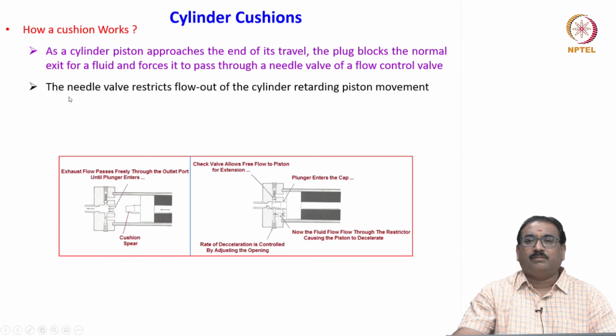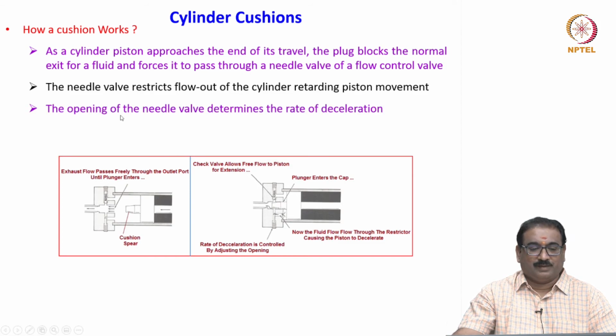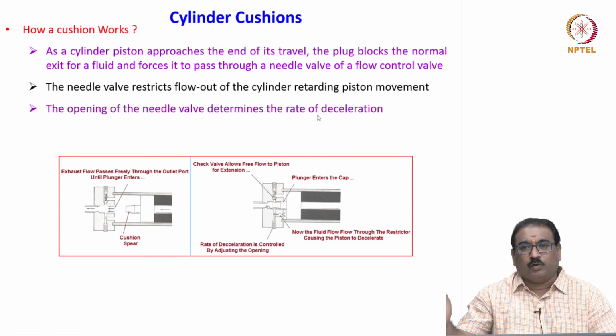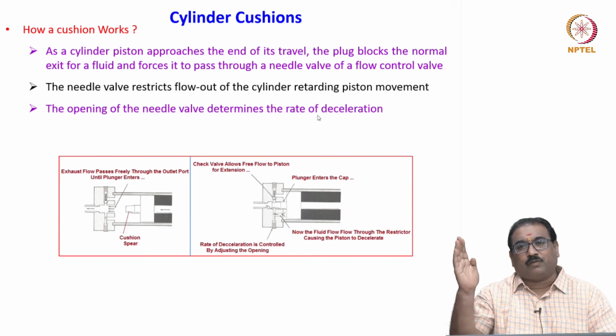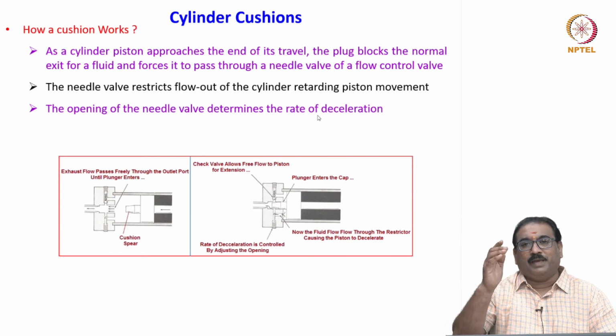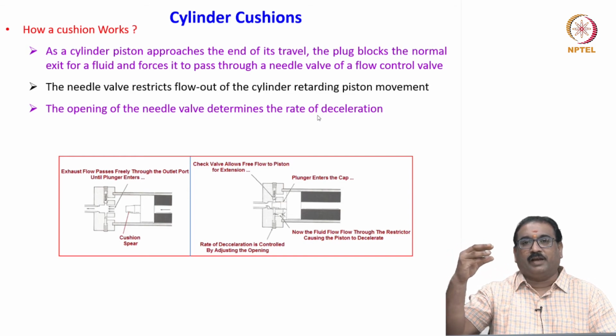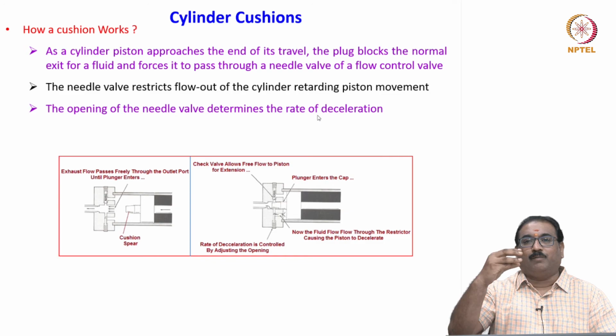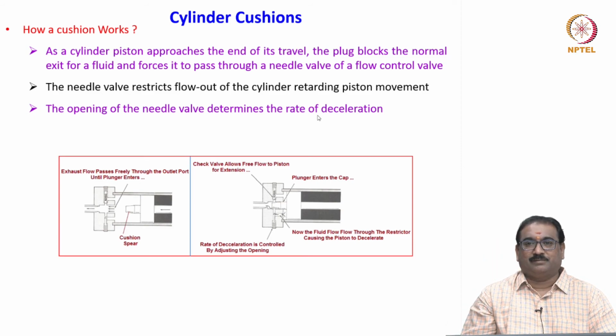The needle valve restricts the flow out of the cylinder, retarding the piston movement. The opening of the needle valve determines the rate of deceleration. You slowly have to stop it or fast you have to pass it, based on when this cushion enters and blocks the fluid flow. Then the only option is that the fluid will pass through the opening orifice, meaning throttling, how much you are providing.